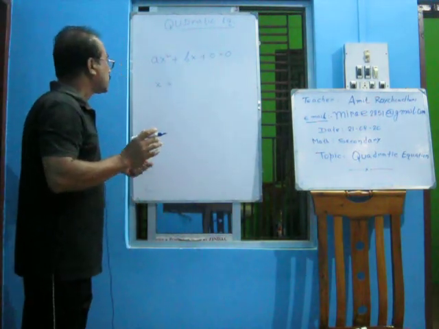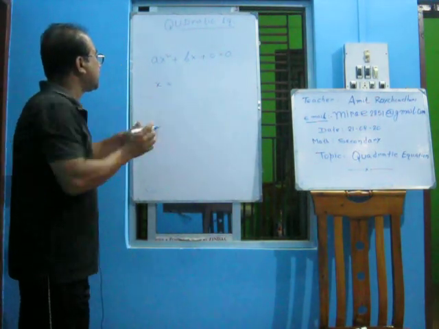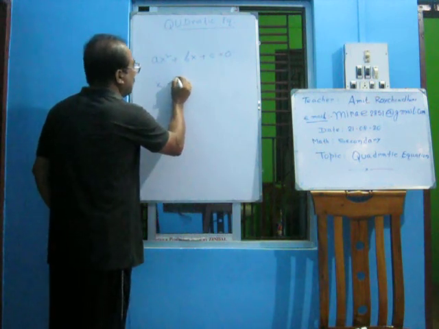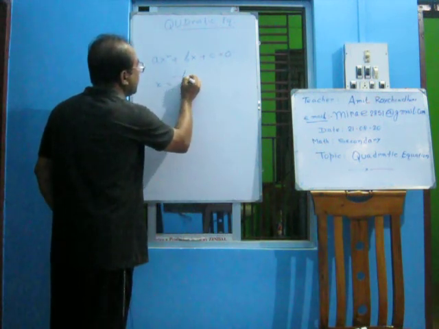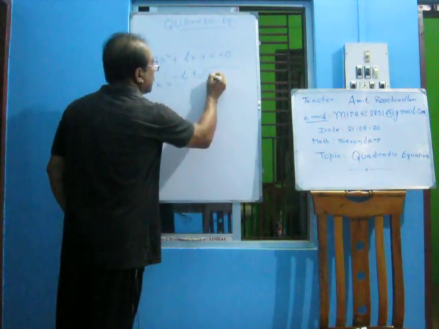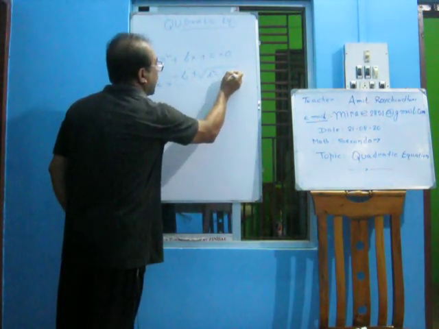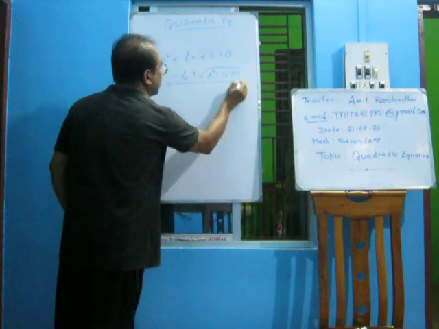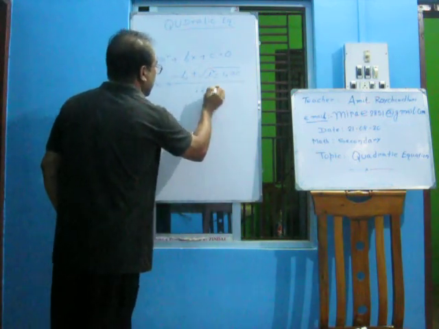So the answer can be directly written: x equal to minus b plus minus root over b square minus 4ac, divided by 2a.